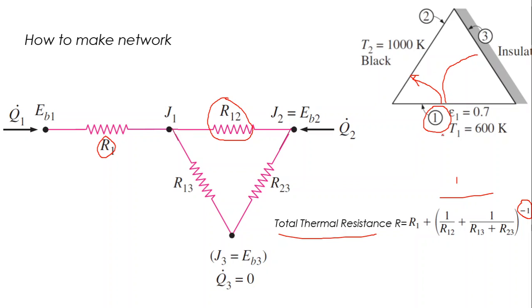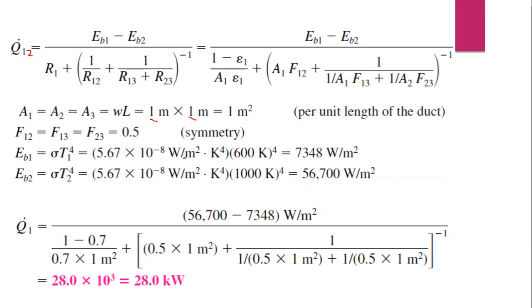We can find this view factor 0.5 from the empirical relations that we already know. But because it is symmetric, directly you can say that the view factor between any two surfaces will be equal to 0.5, because of symmetry.